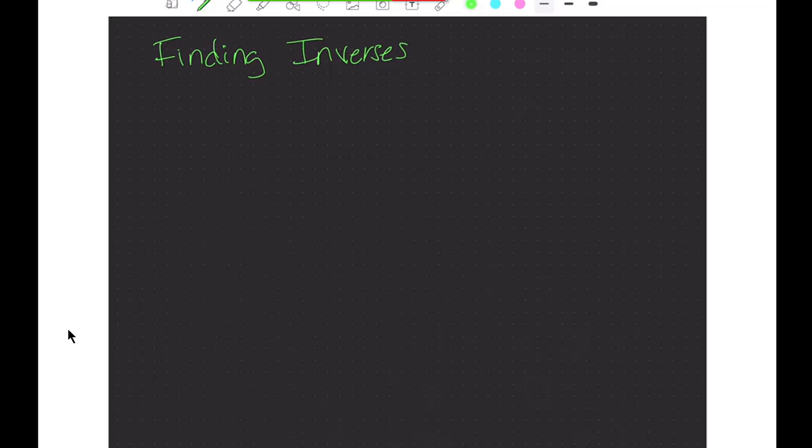So, finding inverses. Let's find the inverse of square root of 2 over 2. And we know that the inverse, like sine to the -1 of x, is not 1 over sine of x.